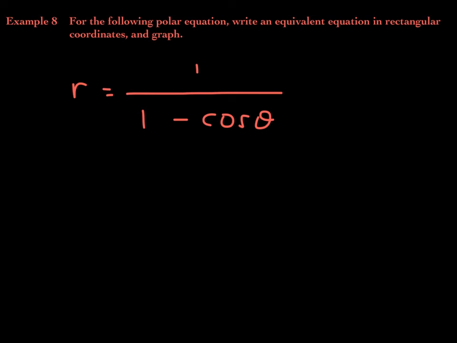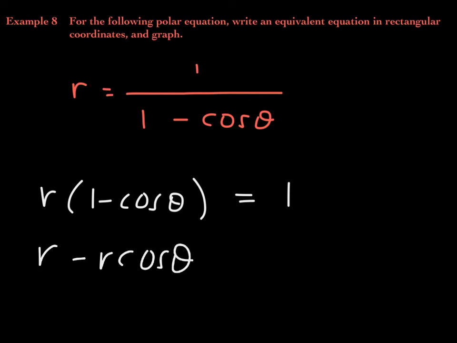Now, to get this started, what I would invite you to do is to clear the fraction. So multiply both sides by 1 minus cosine theta. This is what we would have. Next, let's distribute the r value. So that would give you r minus r cos theta is equal to 1.